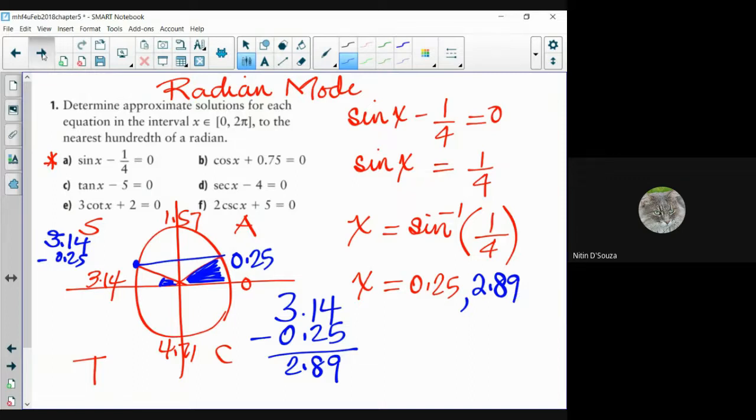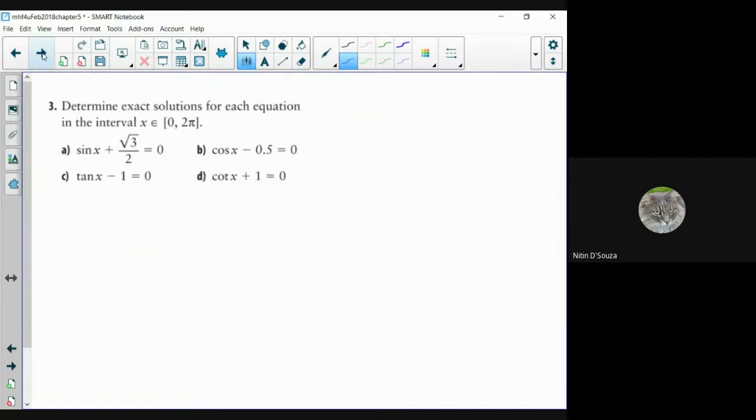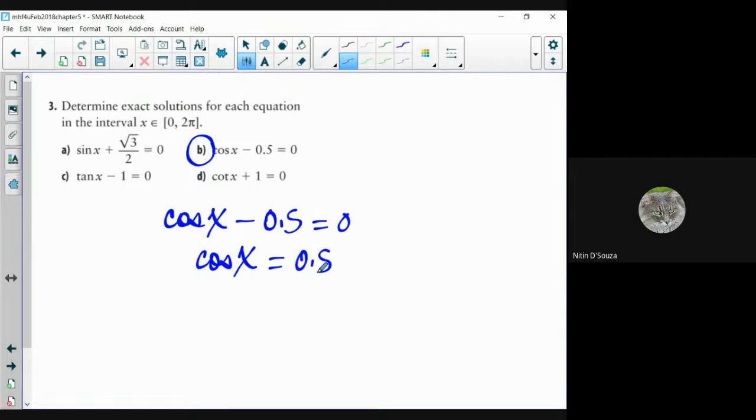I'm going to show you. This one's talking about exact solutions. This is a very useful one, so we'll solve that first. Cosine x minus 0.5 equals 0, which tells us that cosine x is equal to 0.5.